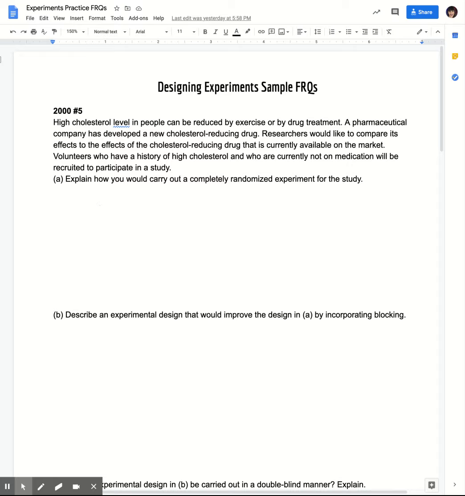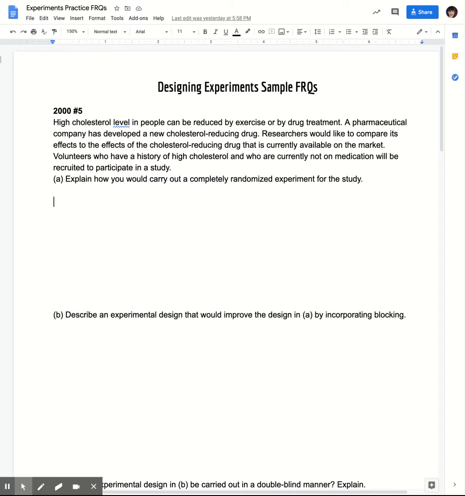All right, so for a completely randomized experiment, whenever you are asked to do something like this, you can go through and describe everything. You can write it out in bullet points or in paragraphs, or you can draw an experiment diagram, which I have one that I made in a different software that I'm going to put in here so that I don't have to draw it directly on here. The key thing, though, if you're going to use a diagram, is that you have to describe how the random assignment occurs.